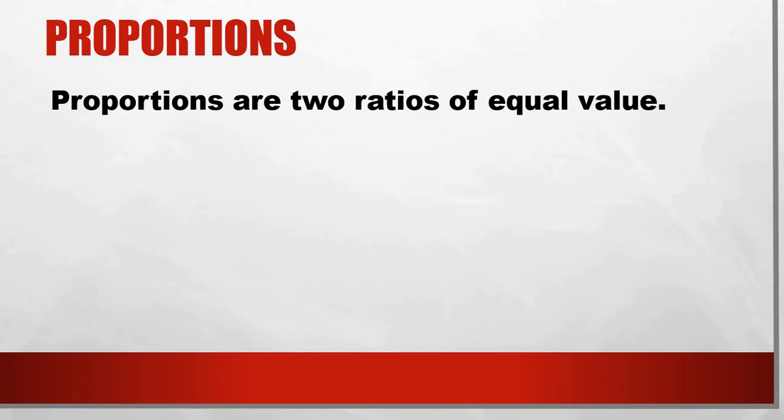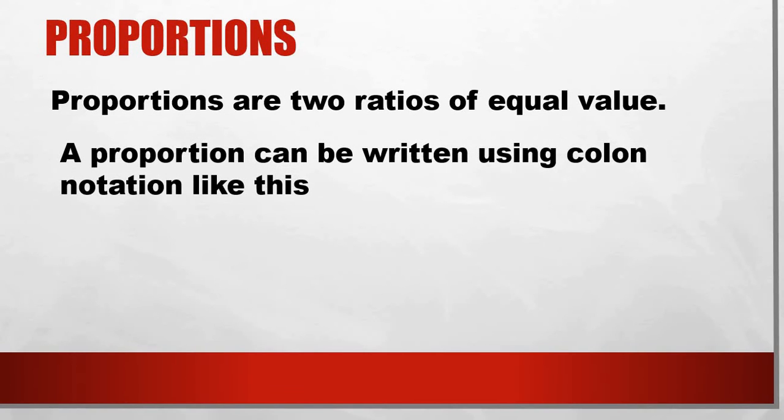So we go to proportion. Proportions are two ratios of equal value. You have two ratios and they have equal value. So when you get them together, it becomes a proportion. The two being equated together, you have a proportion. A proportion can be written in two ways.